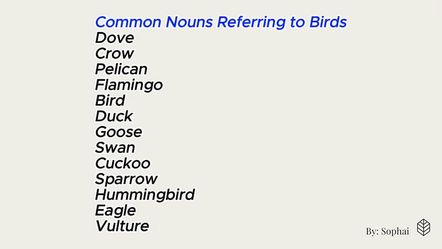Common nouns referring to birds: dove, crow, pelican, flamingo, bird, duck, goose, swan, cuckoo, sparrow, hummingbird, eagle, vulture.